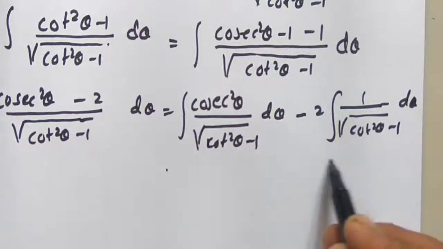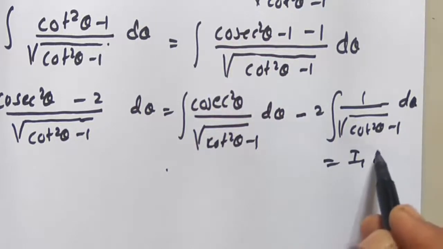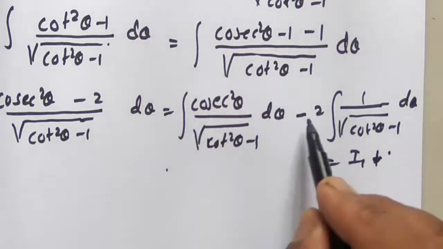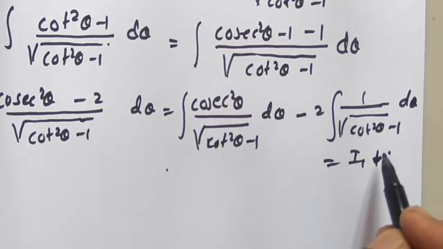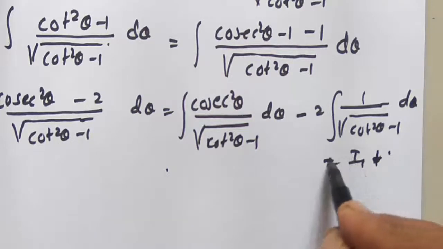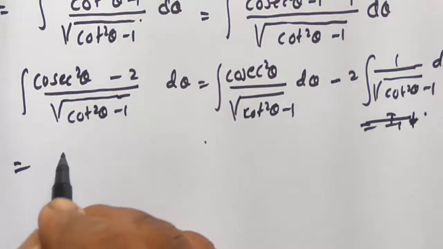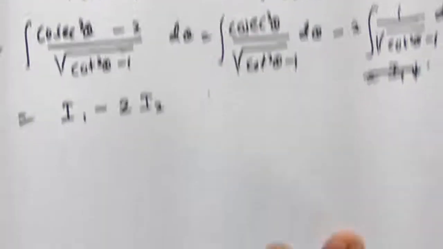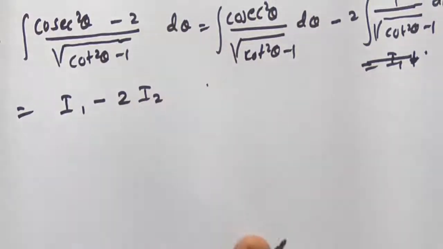So this is equal to I1 minus 2 I2. So it is I1 minus 2 times I2, and this is equal to I.